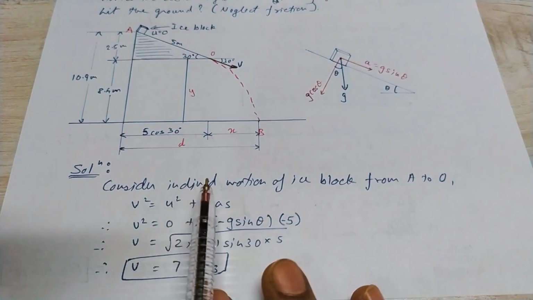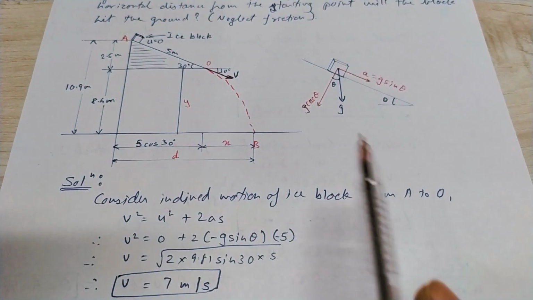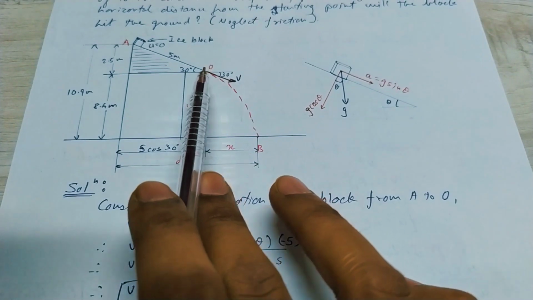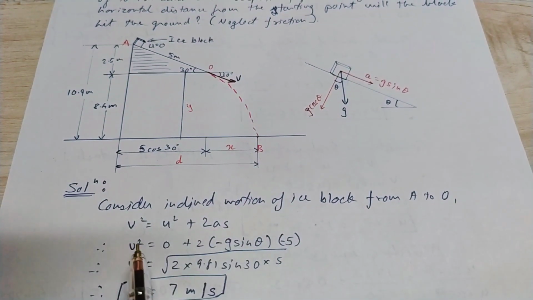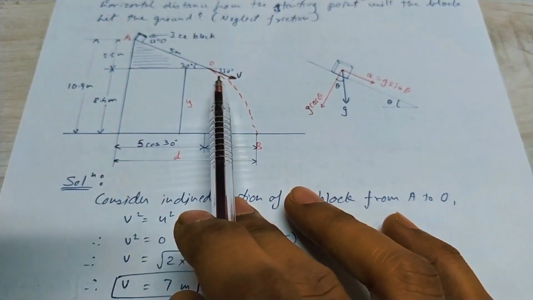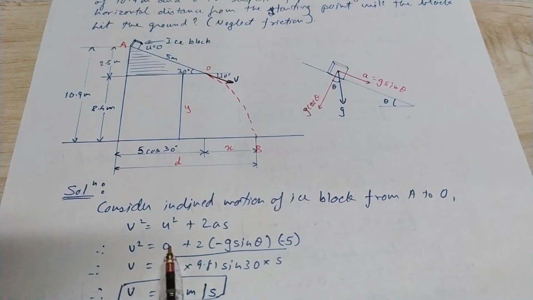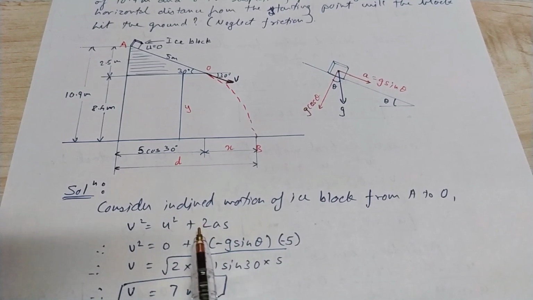Now consider the inclined motion of the ice block from A to O. For that, v squared equals u squared plus 2as. Here v is the final velocity that we have to find, and the block is starting from zero velocity, so u is 0, plus 2as.